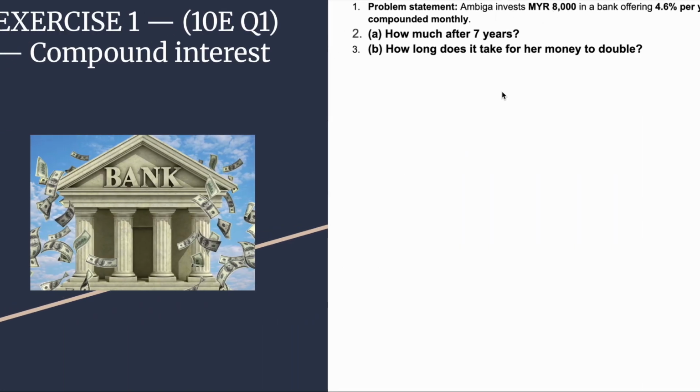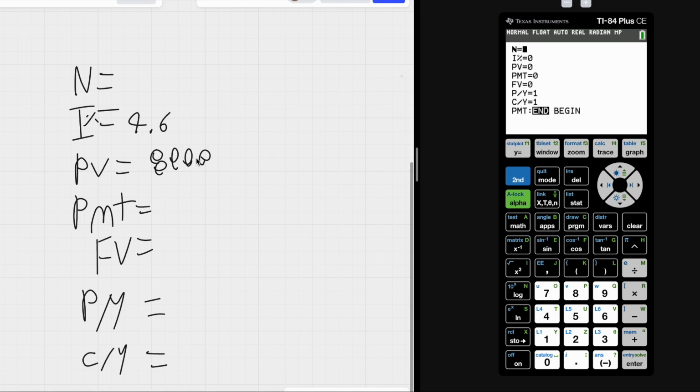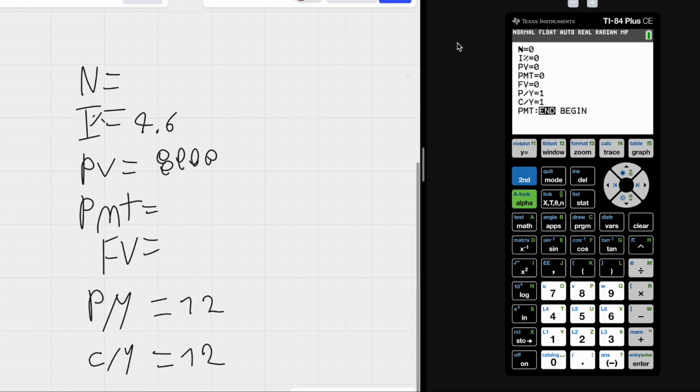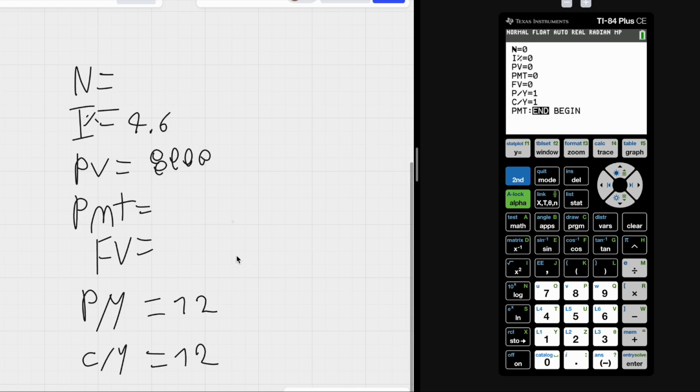What else we know is that this is compounded monthly. So what does that mean? This is payments per year and compounds per year. So we're going to put 12 and 12, because this is compounded monthly and there are 12 months in a year.